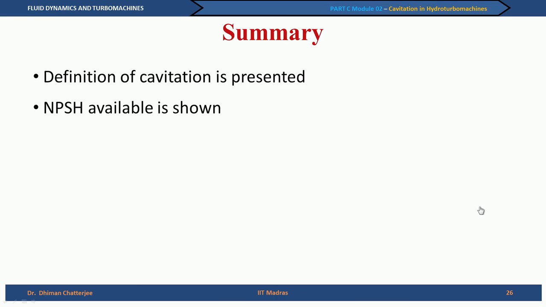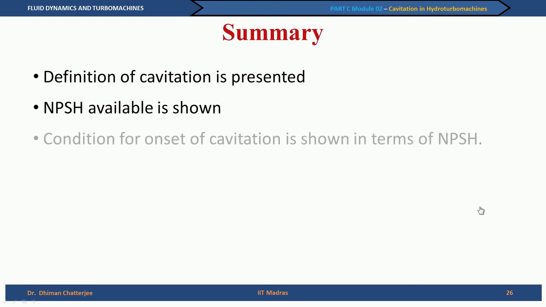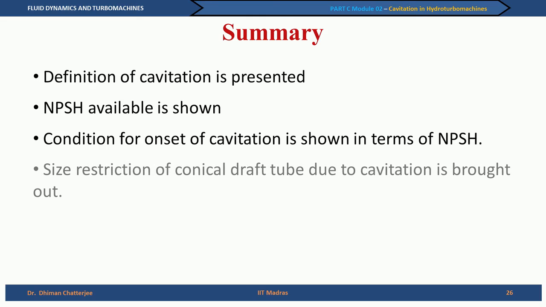We have talked about the condition for the onset of cavitation, that is, NPSH available being less than NPSH required, or in other words, cavitation can be avoided if NPSH available is greater than or equal to NPSH required. We have also talked about the size restriction of the conical draft tube in a reaction turbine due to cavitation.